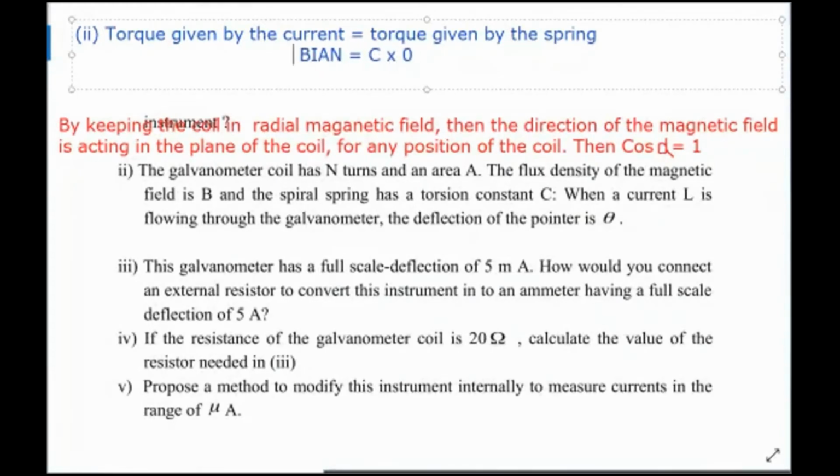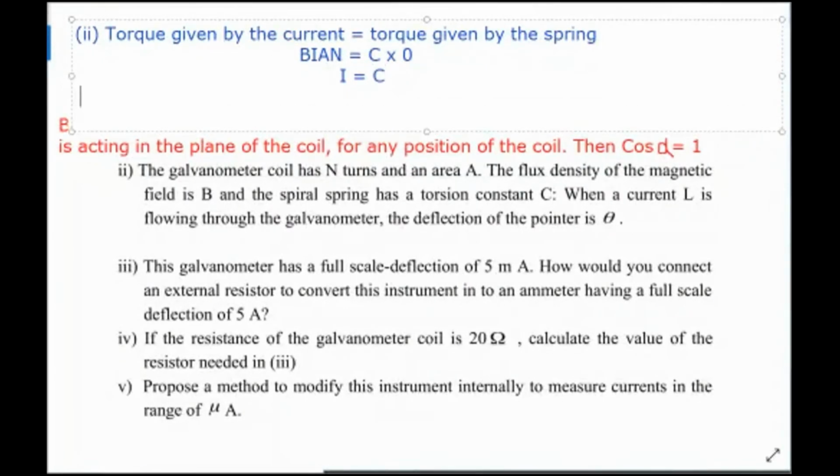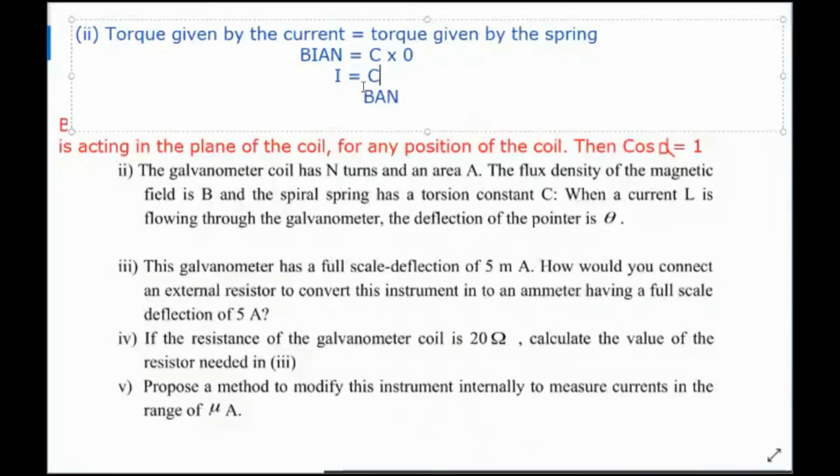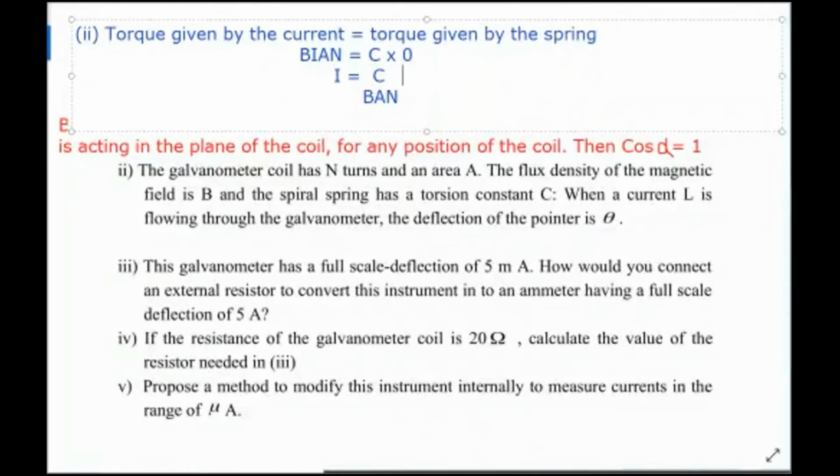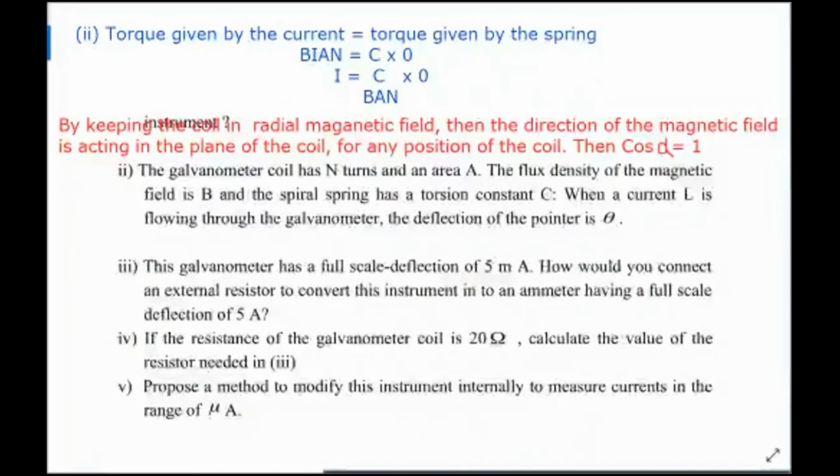So now I can make I the subject: I equals C over BAN, into theta. So this is the expression.